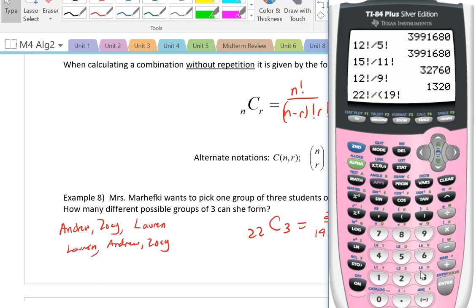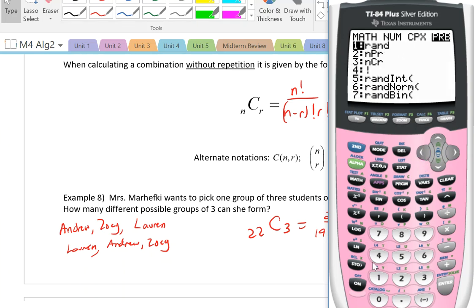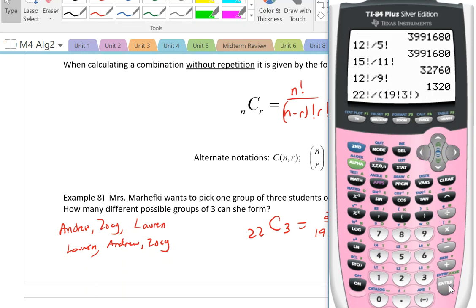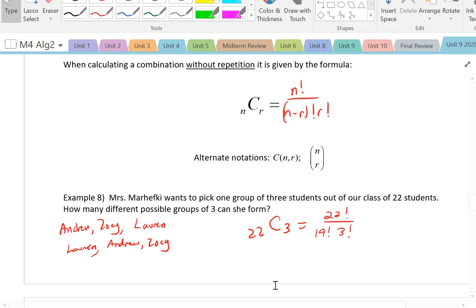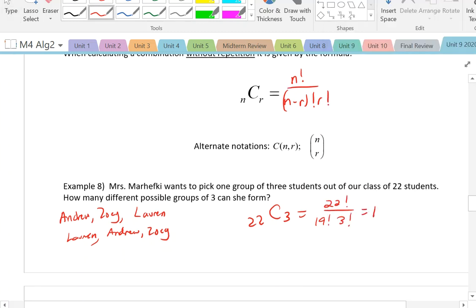So this is the correct way to type it in. And I'll show you without the parentheses so you can see. If I don't have my parentheses, way different answer. So it's really important that you put those parentheses. 1,540. And this would be groups.